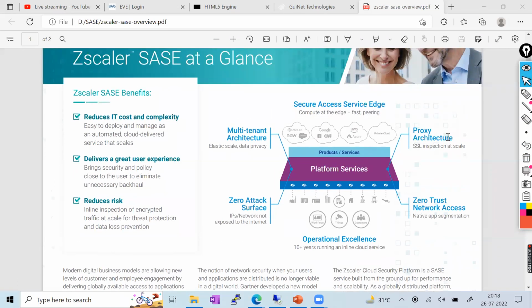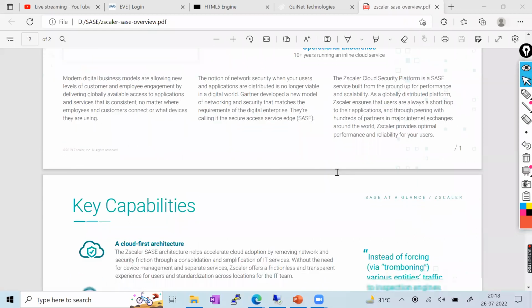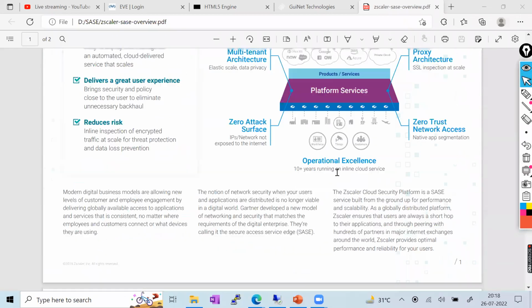For Zscaler you have the proxy architecture, CASB multi-tenant architecture, zero attack surface architecture, zero trust network access, again GTNA, and secure services. So you can see almost the things are the same, but some of the names have been changed. But if you see the overview, it's a combination of firewall as a service and network as a service.